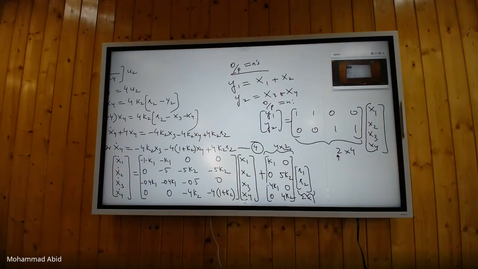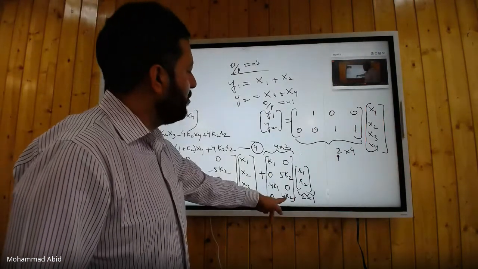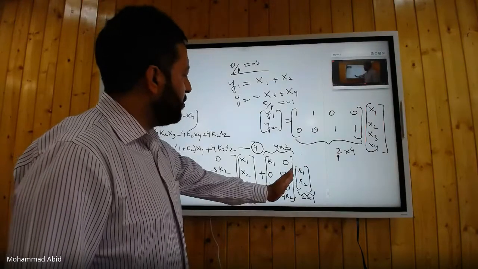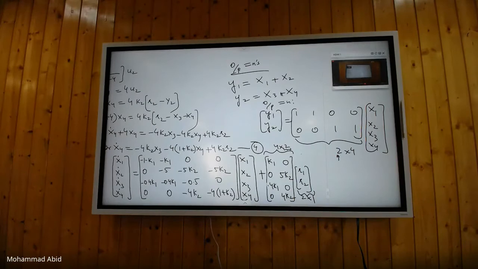Single input, single output system के लिए number of rows 1 होते हैं जो अभी तक हमने सभी numericals किए. इसमें 2 inputs 2 outputs थे तो 2 inputs की वजह से जो B वाला matrix है इसमें 2 columns आए. तो अगर इसमें और भी inputs होते तो उसमें उतने columns बढ़ जाते हैं. तो अगर आपको कोई just state model दिखाए और आपको कहे कि बताओ इसमें number of inputs कितने हैं, number of state variables कितने हैं, number of outputs कितने हैं, you should be able to tell all this information just by inspecting the state model.